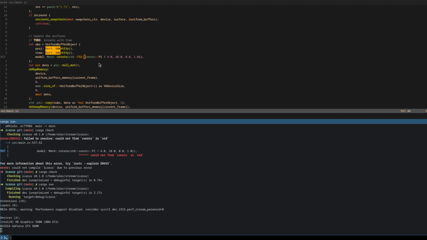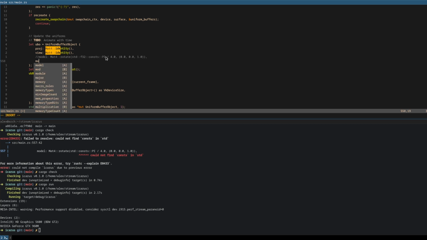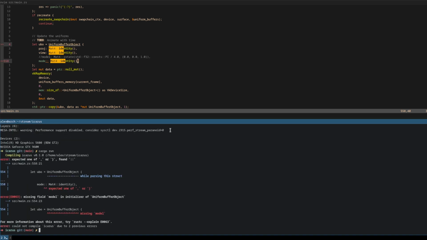If I undo this change, where do we have the green?